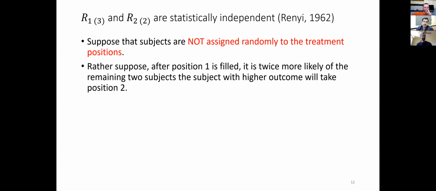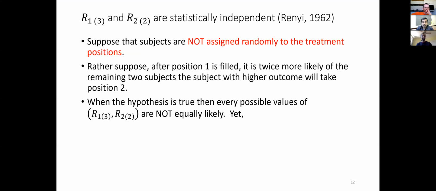So there we did not have randomization. Obviously, if that happens, then even when the null hypothesis is true, all values of R13 and R22 are not equally likely. R22 will tend to be larger, tend to be 1 more than 2.